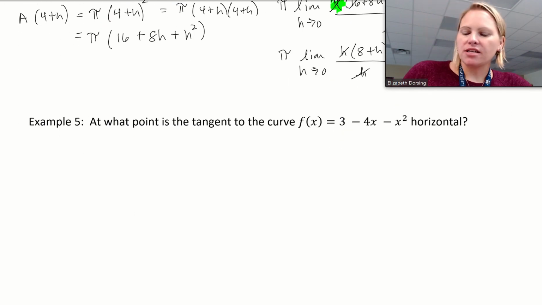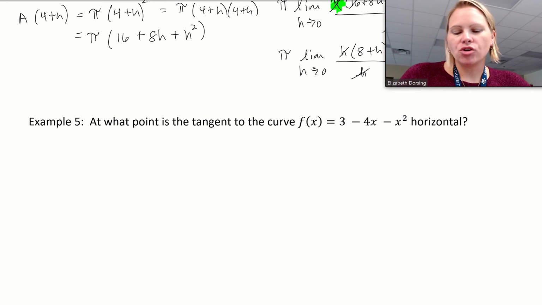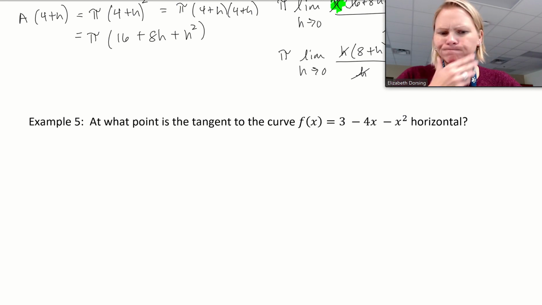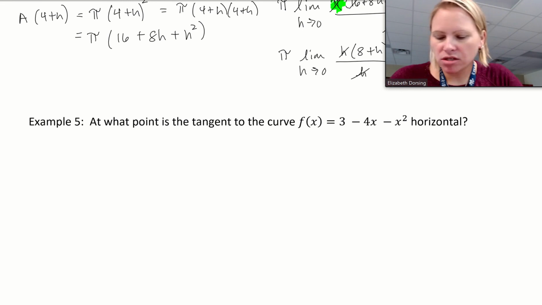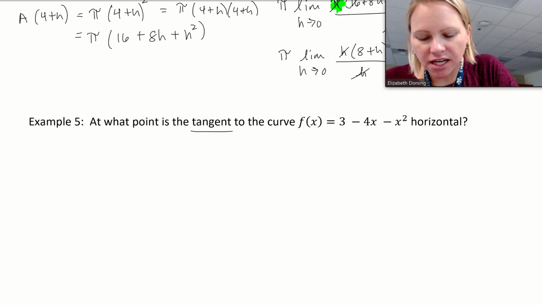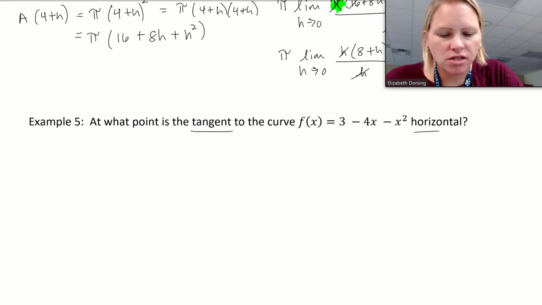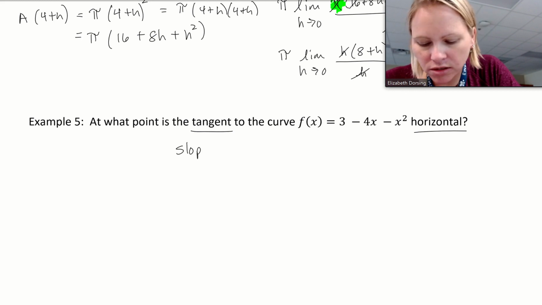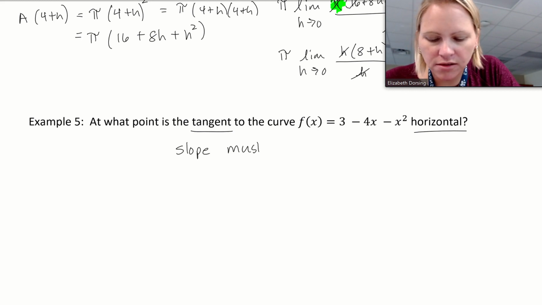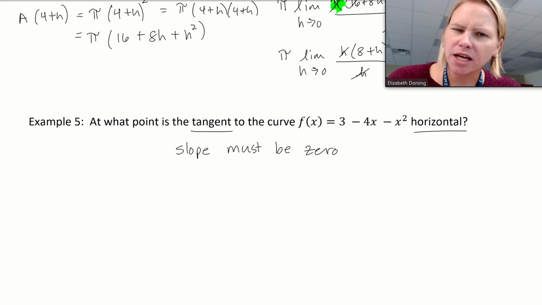This question says, at what point is the tangent to the curve horizontal? Well, this is a curious question, so let's think about this. At what point is the tangent line horizontal? If the tangent is horizontal, the slope must be 0. If it was vertical, it'd be undefined.